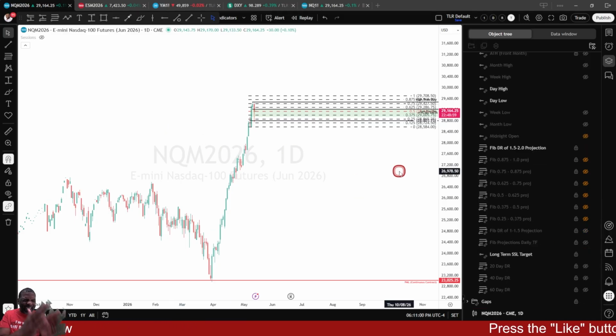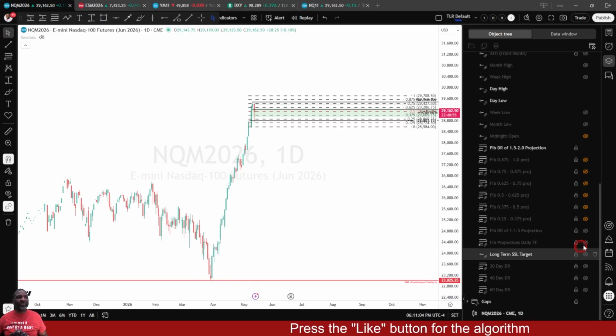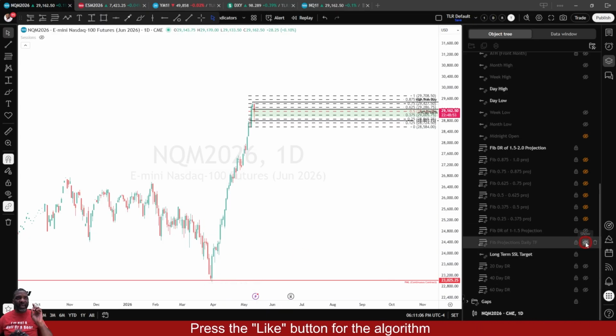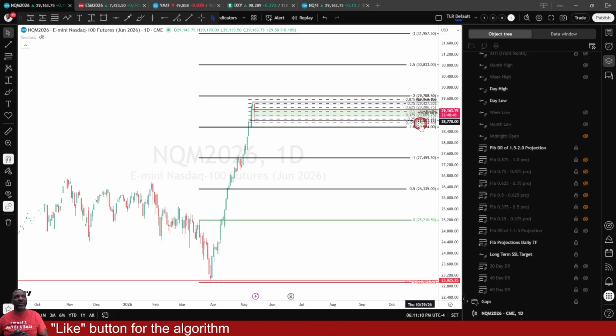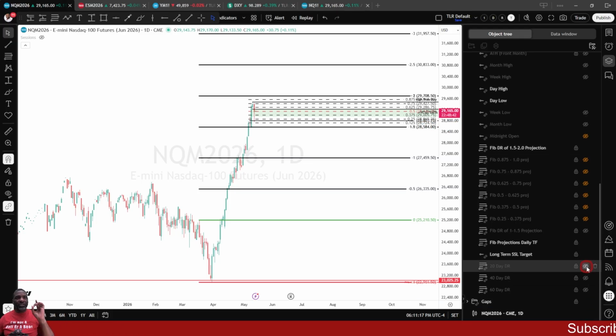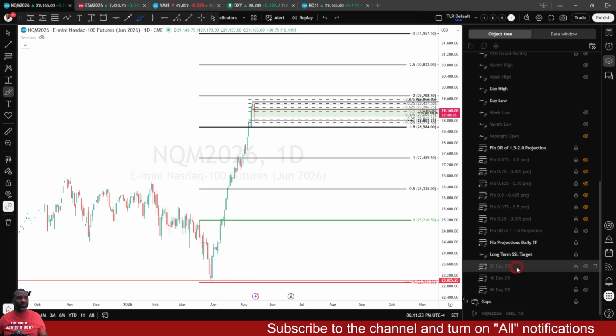Since we know exactly where we are based off what the algorithm did down here, we know for a fact that 29,708.50 and 28,584 even are very important numbers to the algorithm based off what the algorithm did down here on this manipulation leg.